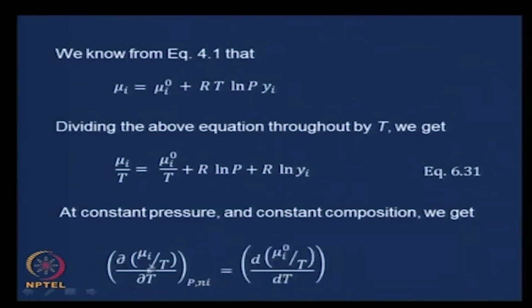So ∂/∂T of μi/T at constant P, Ni on the right hand side becomes d/dT of μi°/T, because that is a function of only the temperature. I have taken the total derivative here, and these two are constants, and therefore they are not functions of temperature, and therefore their derivatives go to 0. They are constant values as far as temperature variation goes. Let us call this equation 6.32.